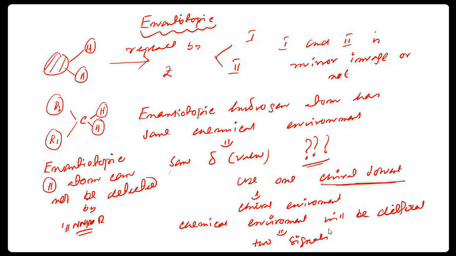If you use chiral solvent for homotopic protons, nothing will happen, because only one molecule is there, not two. Enantiotopic protons are not normally detected by NMR, but add a chiral solvent, a chiral environment will be generated, and we can detect them by NMR. That's what we have learned up to this.